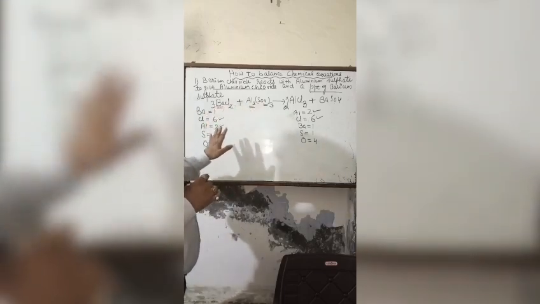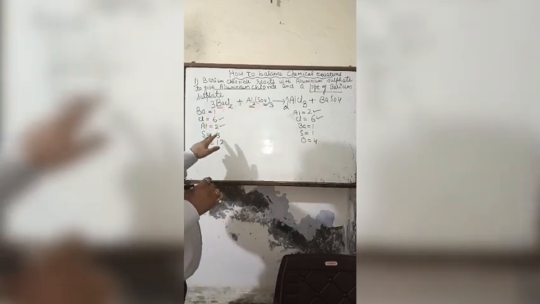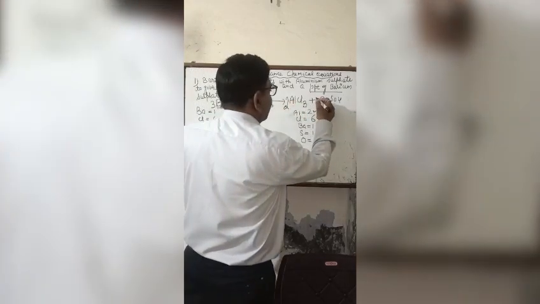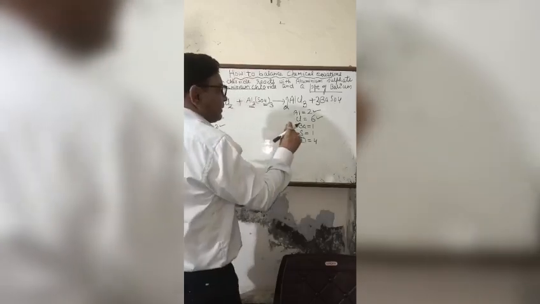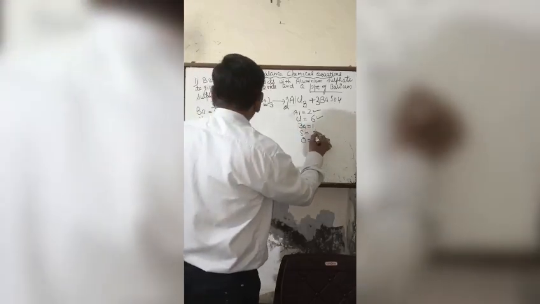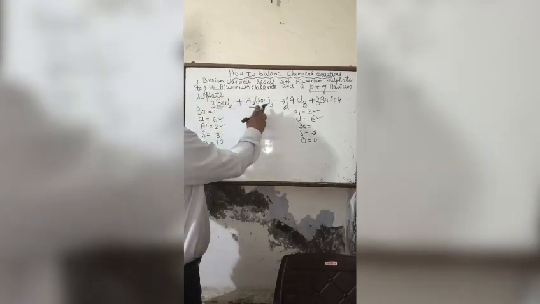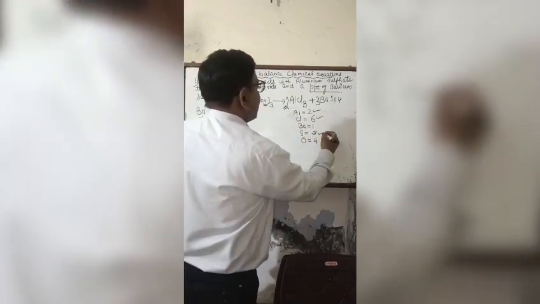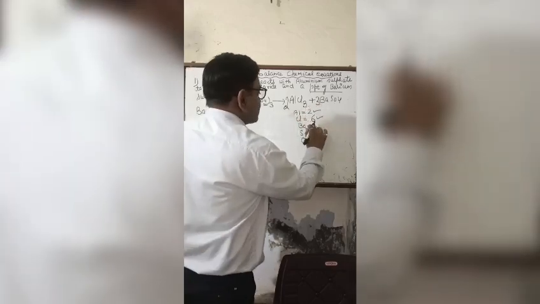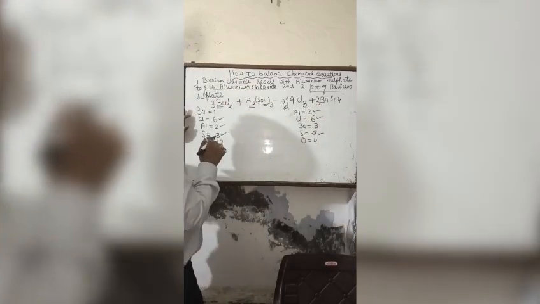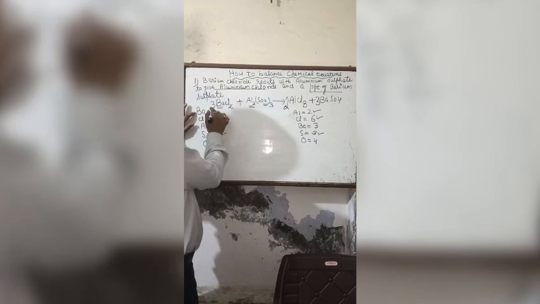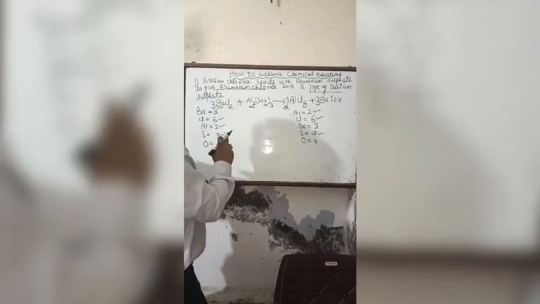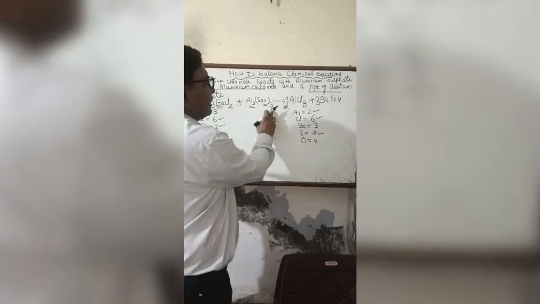Now we will check. S is 3, sulfur is 3. So we will write here 3. Now sulfur becomes 3 here, so it is also balanced. Barium becomes 3, but here barium is 1, so we put 3. Now we will check oxygen. Here it is 4 times 3, that is 12.